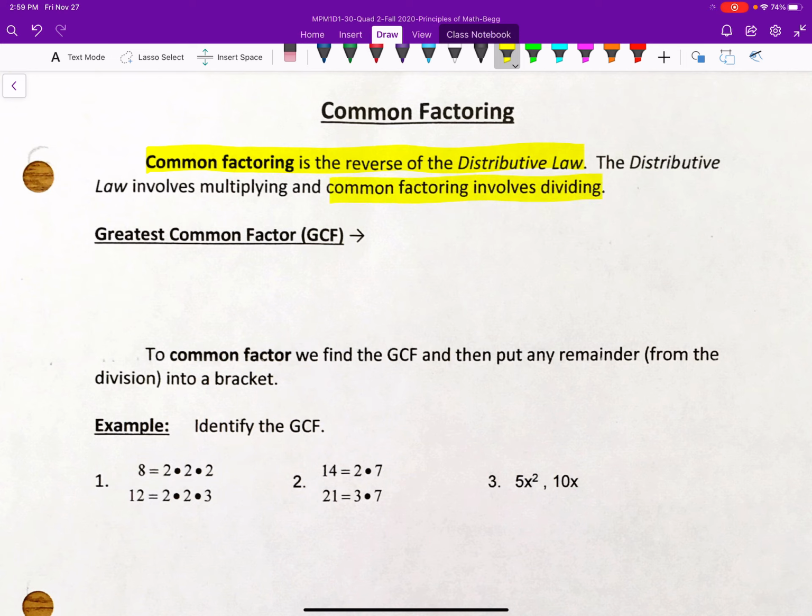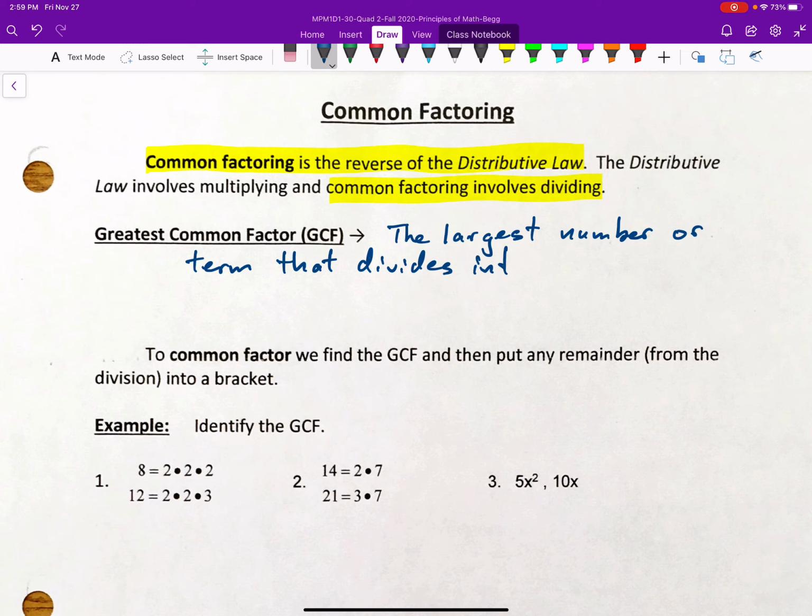Okay? So the greatest common factor is the largest number or term, because it could be numbers and variables and even exponents, that divides into each term of a polynomial.